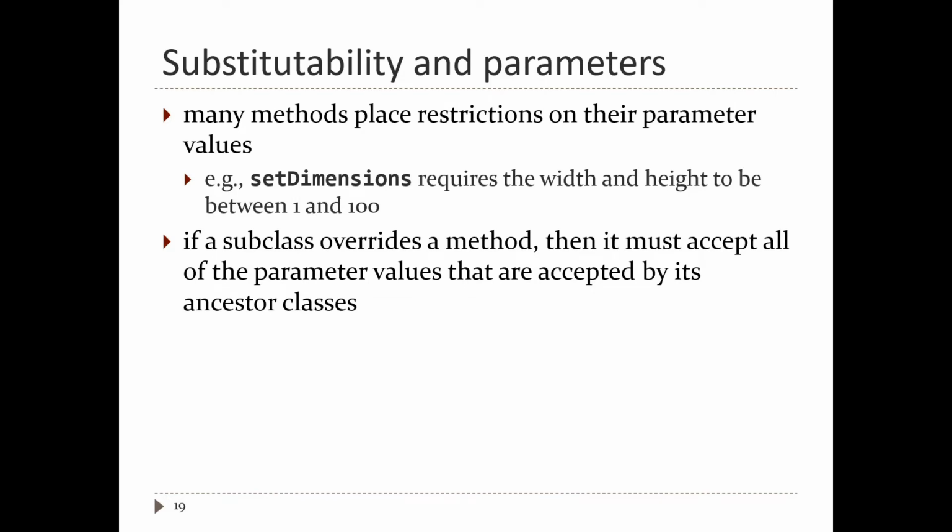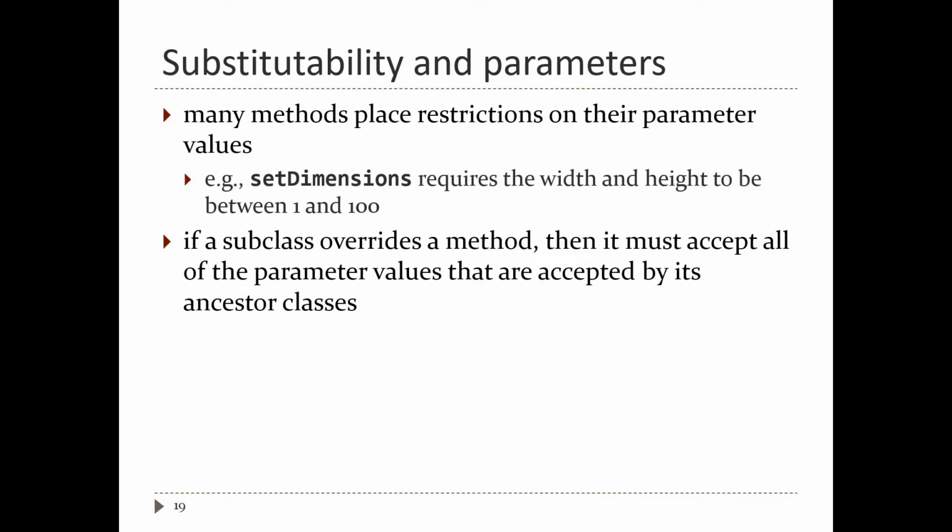Many methods, such as setDimensions, place restrictions on their parameter values. Right? So setDimensions requires the width and height to be between 1 and 100. If a subclass overrides a method, then it must accept all of the parameter values that are accepted by its ancestor classes. Now, what does that mean? It means, well, shape will accept any width and height between 1 and 100, right?